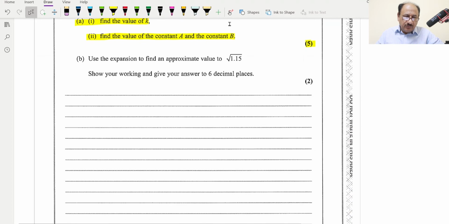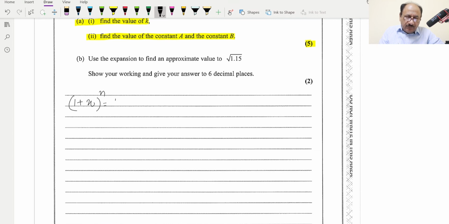So we will start with the binomial expansion. First of all, we can write the formula for the binomial expansion of 1 plus x raised to the power n.